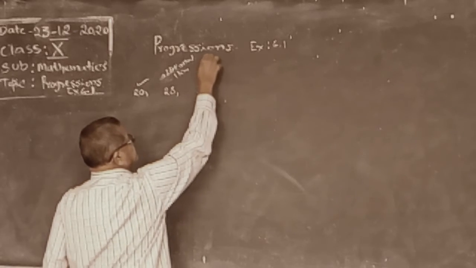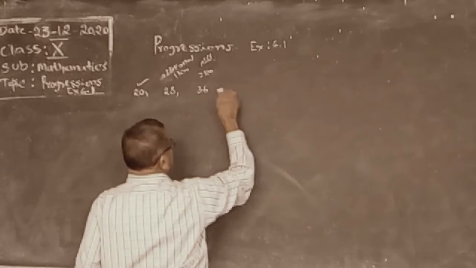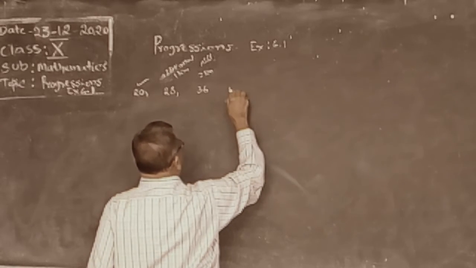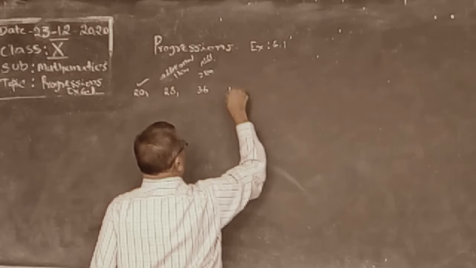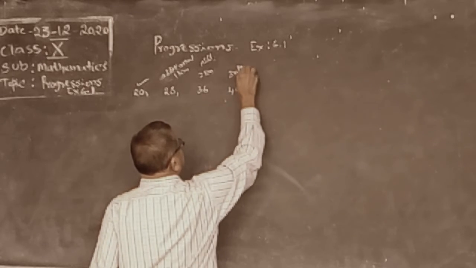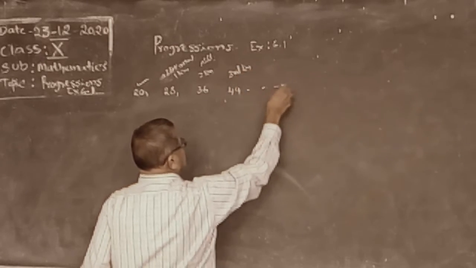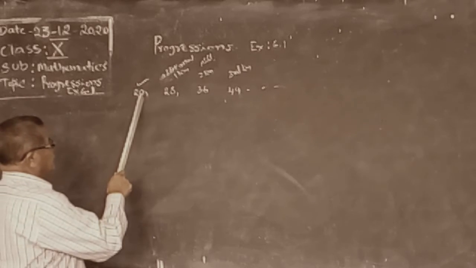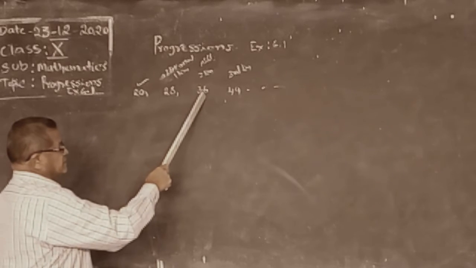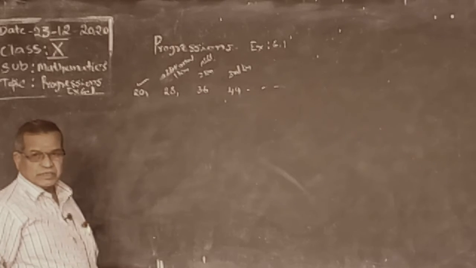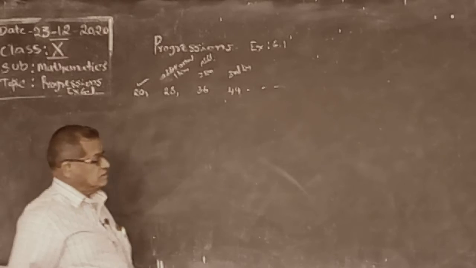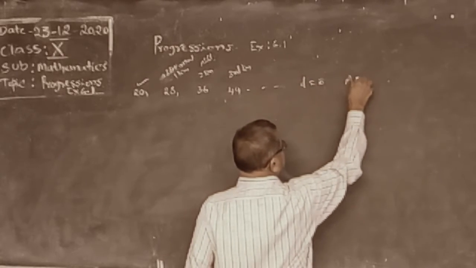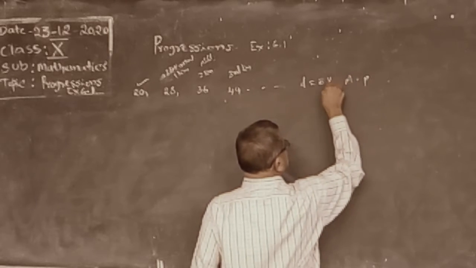Additional, and then again 8 for 1 more kilometer: 44, third kilometer. See, by observing these numbers, 20, 28, 36, 44, your common difference is 8. 8 only is increasing. So this is AP. Yes, it is AP.